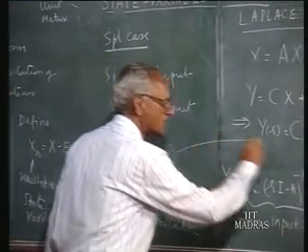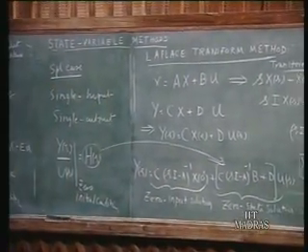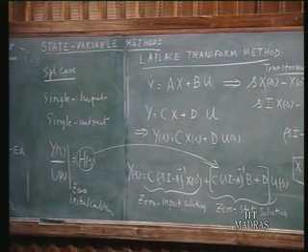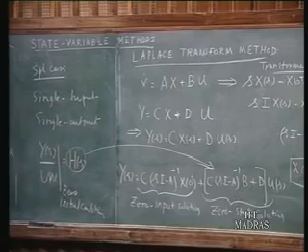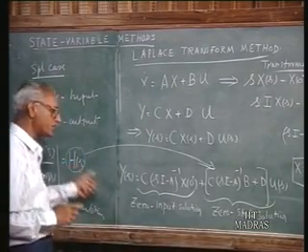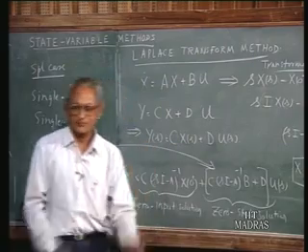So that system function is C times (sI minus A) inverse times B plus D. So H(s) is equal to C (sI minus A) inverse B plus D. So we have found an alternative way of finding H(s) in terms of the A, B, C, D matrices.